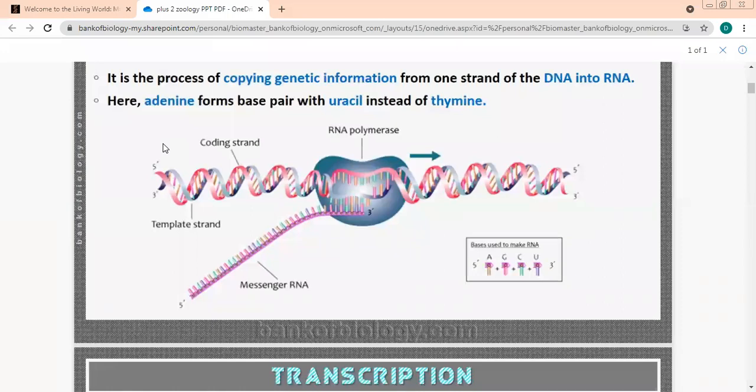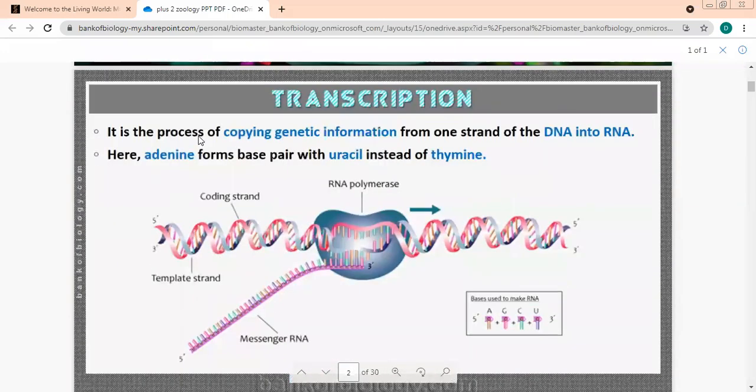So two things are very clear about this process that we are studying today. Number one, that this is transcription, not translation. The genetic information is copied from one strand of DNA into RNA, and adenine is not going to bind with thymine. Instead, it is going to bind with uracil. I'll be going into details and I'll tell you about this.